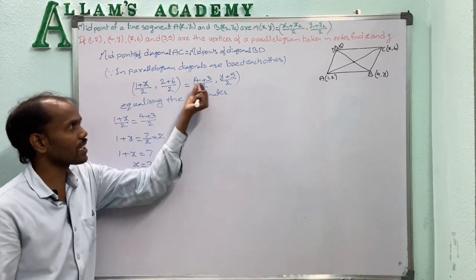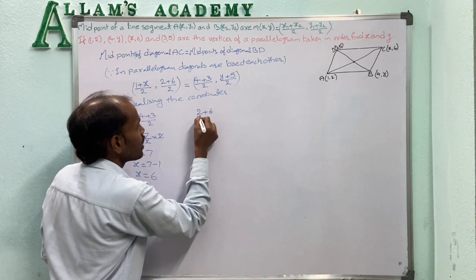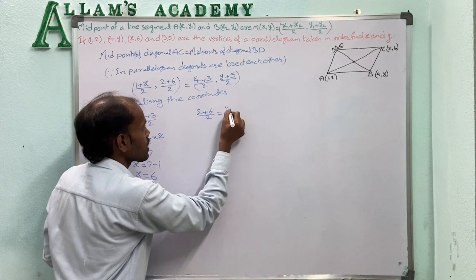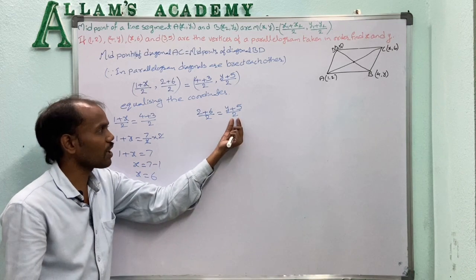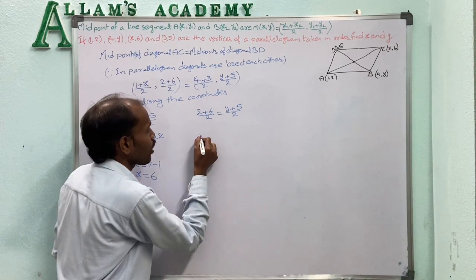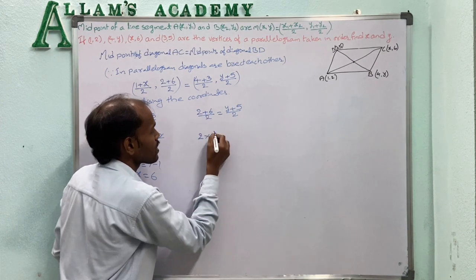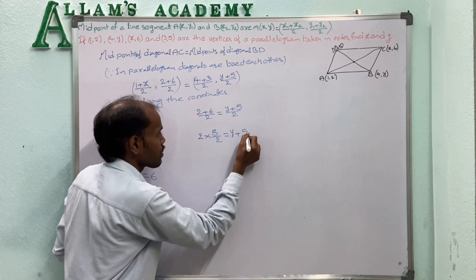Now equating the y coordinates: (2 plus 6) by 2 is equal to (y plus 5) by 2. The division by 2 transfers to the other side as a product, so 2 into (2 plus 6) by 2, that is 8, equals y plus 5.